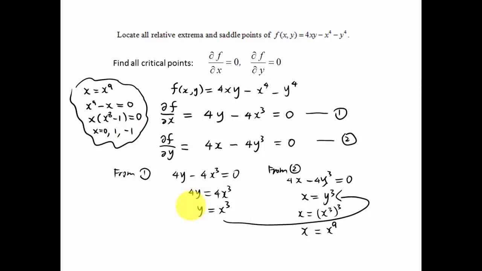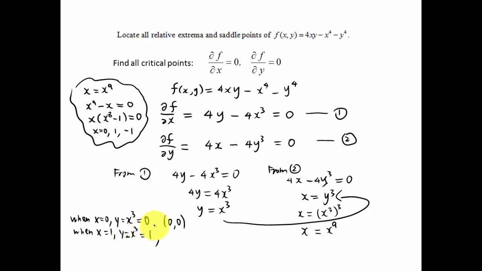Using equation 1, we have y equal to x cubed. Therefore, when x equal to 0, y equal to x cubed is equal to 0. So the first critical point is x equal to 0, y equals 0. When x equal to 1, y equal to x cubed is also equal to 1.